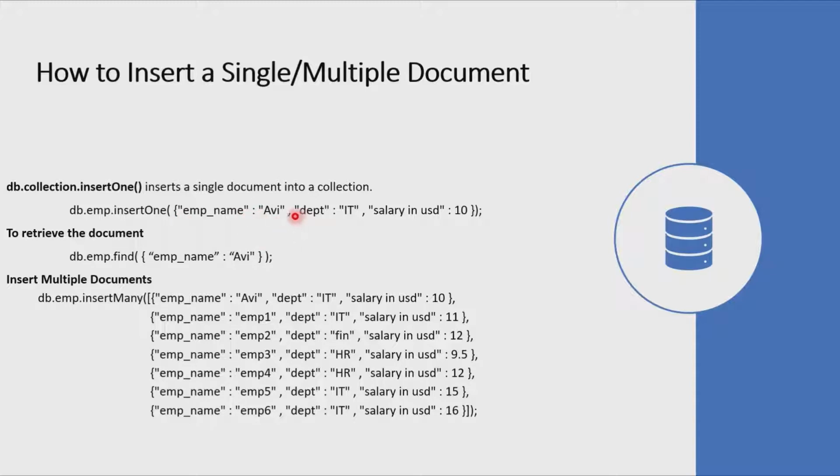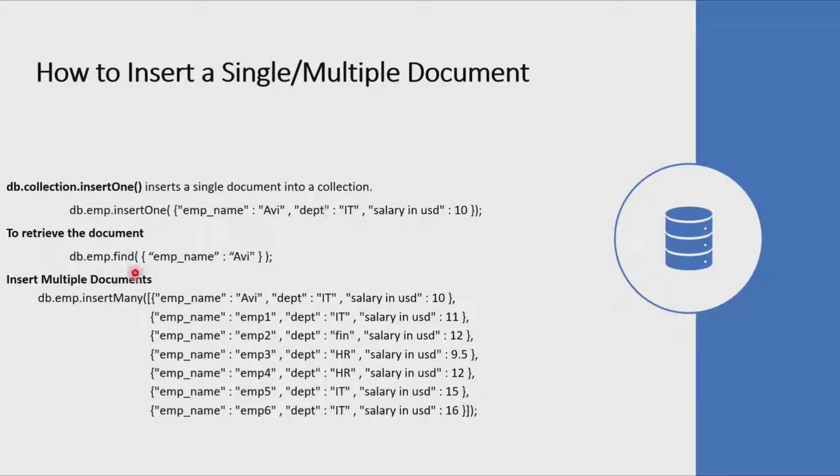If we give more fields, we just have to separate them by comma. Then we give the name of the second field, let's say it is department, then its value separated by colon, which is IT. And let's say the third field is salary in USD, let's say it is 10. Then we close the curly brackets and then round brackets and then semicolon.